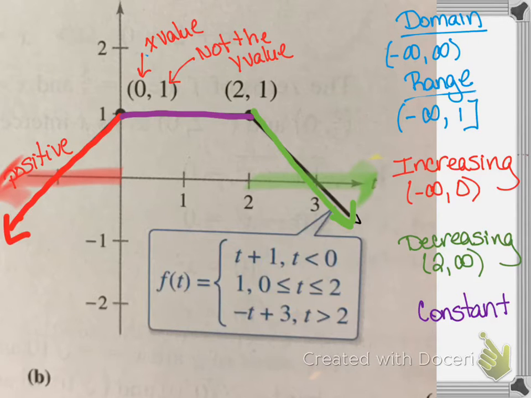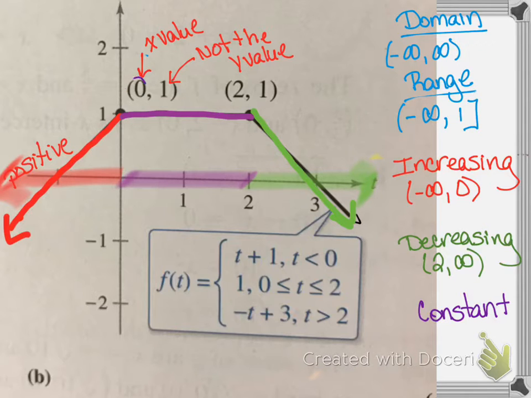Now, the last one that I'm going to look at is this right here. What is happening right there? It's staying the same. It's got a 0 slope. There is no change. So when we are looking at something that's constant, there is no change. And here is where we're looking at it as a constant. And what are my x values there?